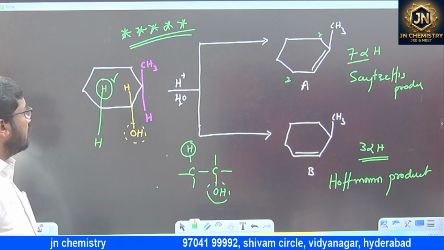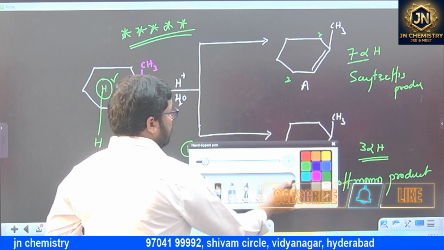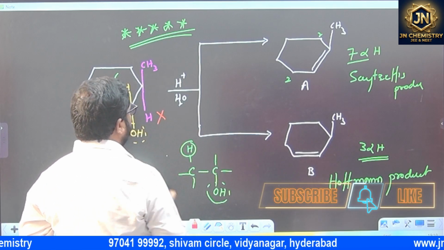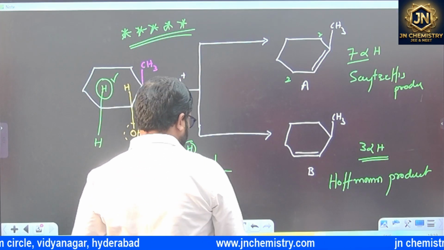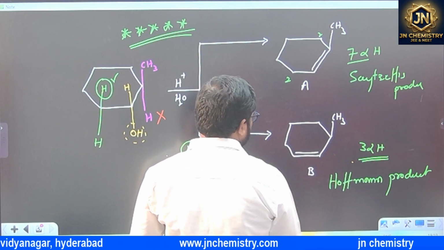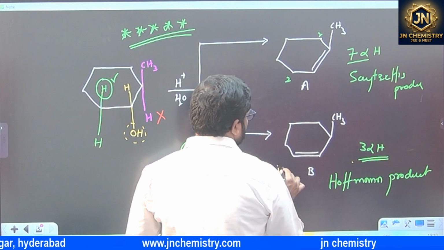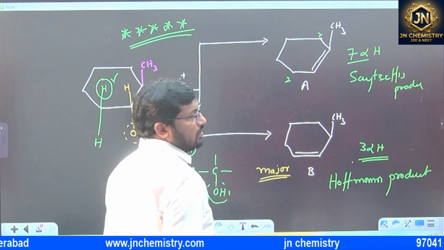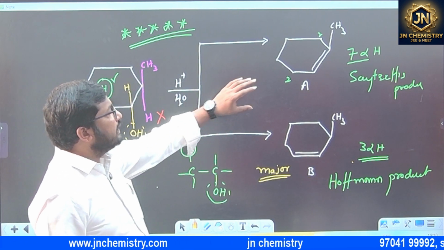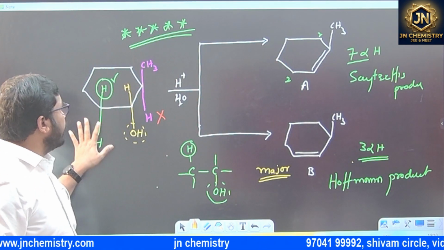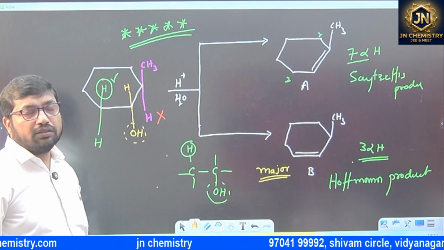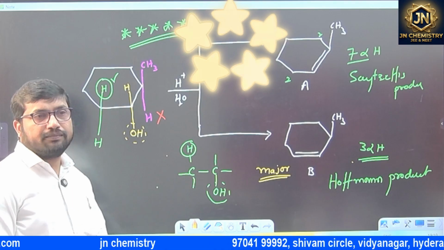So this is wrong, this is right, which means this is the major product. A lot of times we think the more substituted alkene is the major product, but in this particular scenario, this is correct. Write it down, 5 star question.